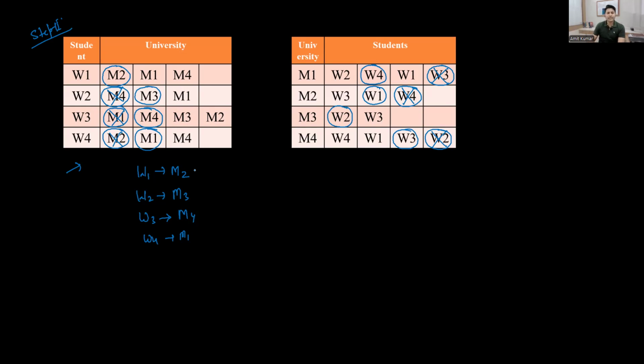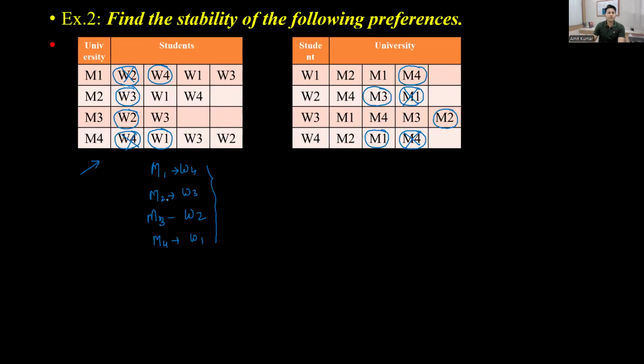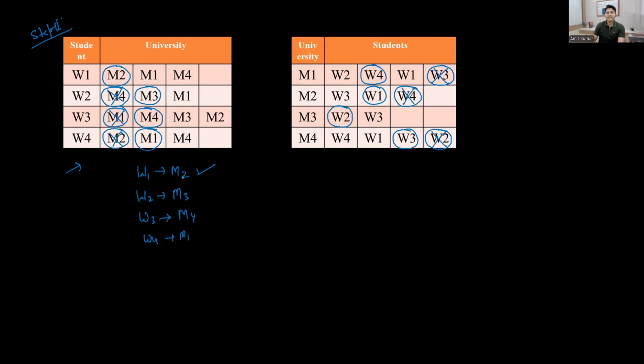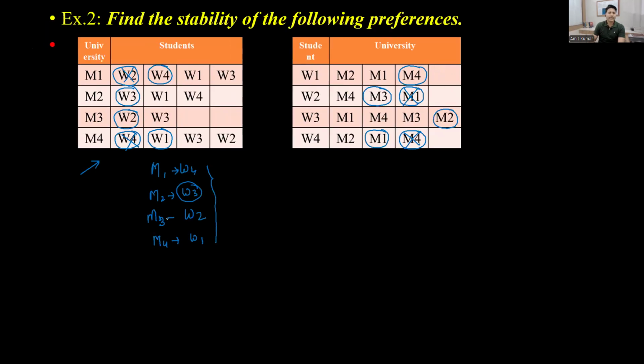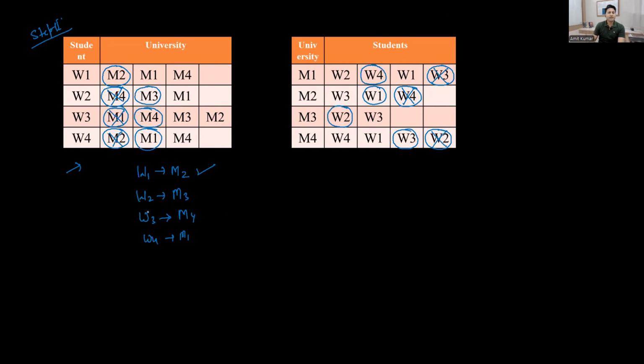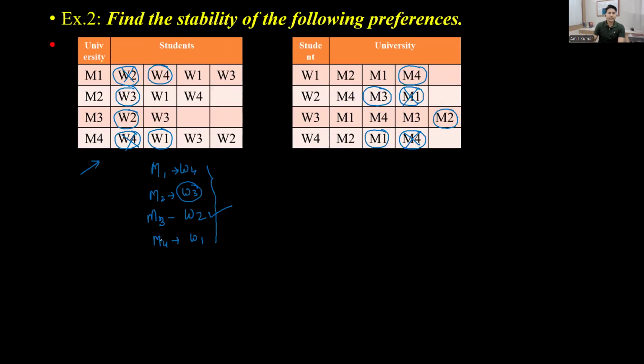So you can see over here W1 is with M2. If I see over here, M2 is with W3. You can see this matching is not the same. W2 is with M3 and M3 with W2. This is the correct matching. W3 is with M4 and M4 is with W1, so not correct.